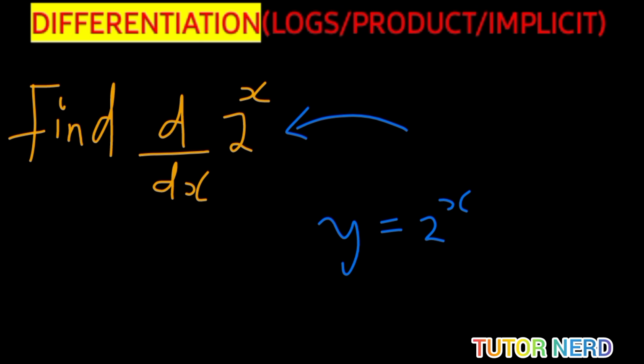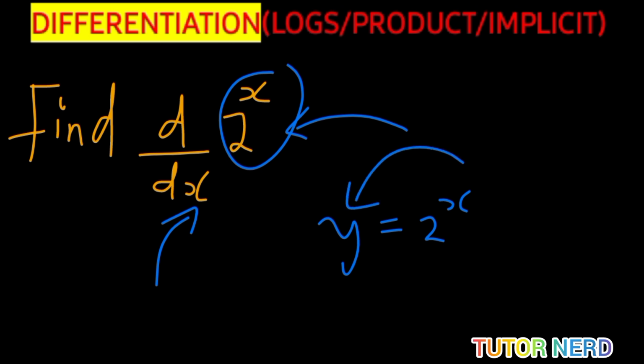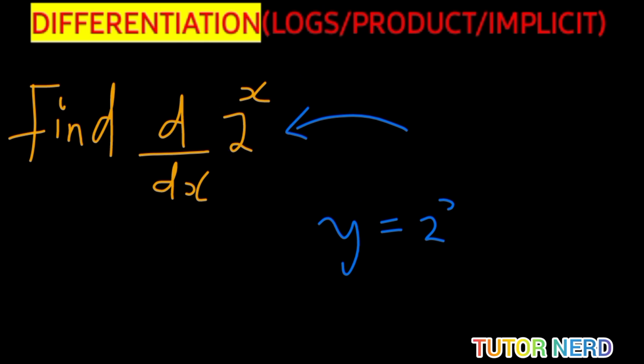That is the reason why we are saying d over dx and not dy over dx. So here we are simply differentiating this function 2 to the power x with respect to what? To x. We're not differentiating that function as a function of y, but as a function of itself. It's just independent. Okay, so let's now dive right into it.